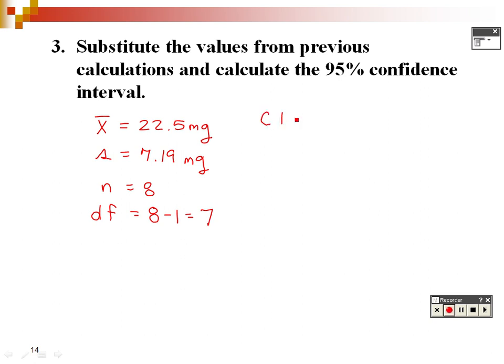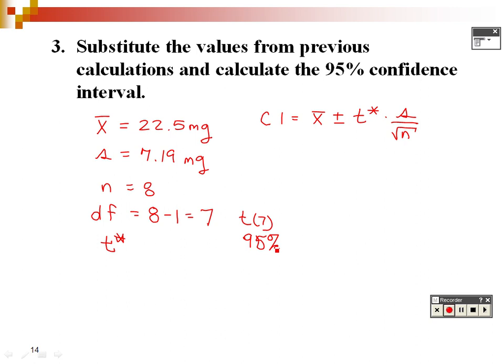Now, a confidence interval is constructed the same way it always has been. You take the mean, and then you add and subtract from it the margin of error, which is going to be, in this case, t star, since we're using a t distribution, times s over the square root of n. Which beckons the question, what is our t star going to be? Well, we know we're dealing with T7. We've got 7 degrees of freedom. And we know we want a 95% confidence interval.